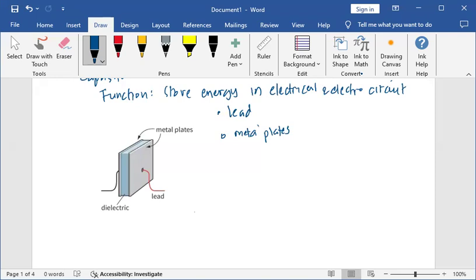And then there is the dielectric. Maybe dielectric is an unfamiliar term.